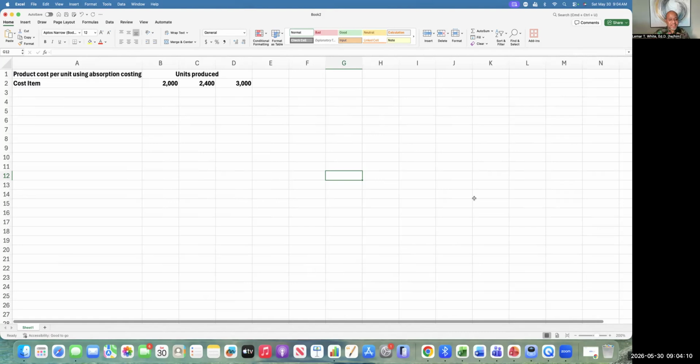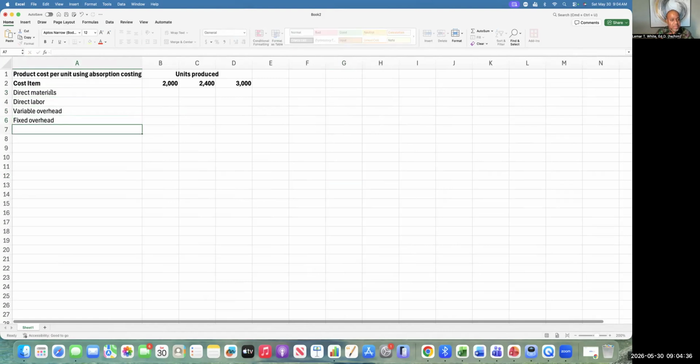So you see here I set up my table, which you will see when you go to do the question. So I know the various costs that I'm calculating are my direct materials, my direct labor. Remember, this is absorption costing. My variable overhead and my fixed overhead.